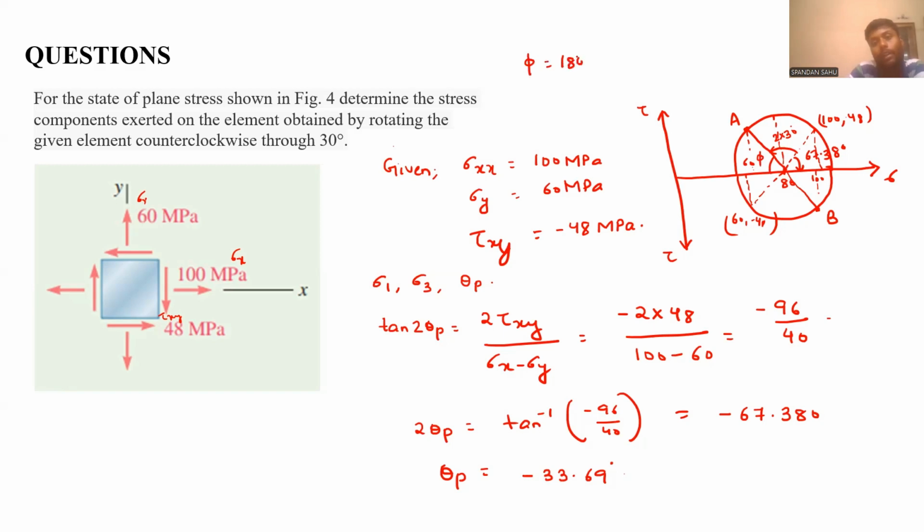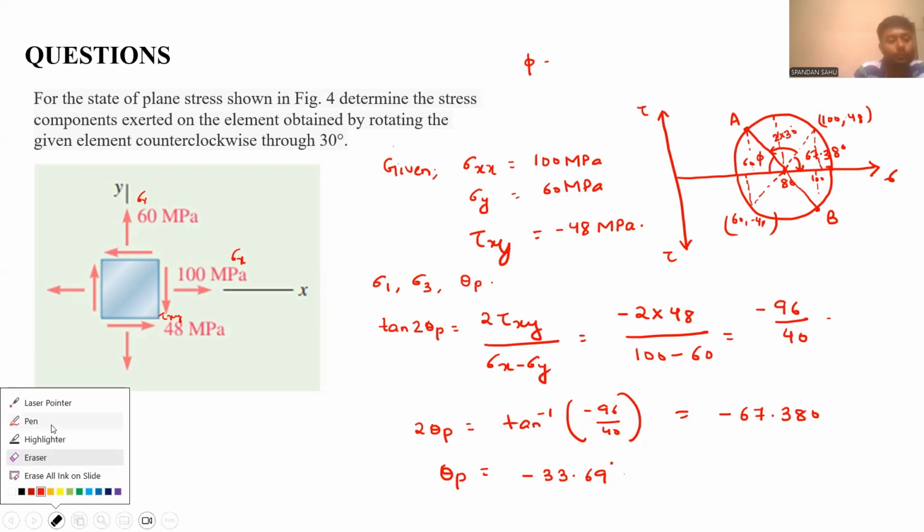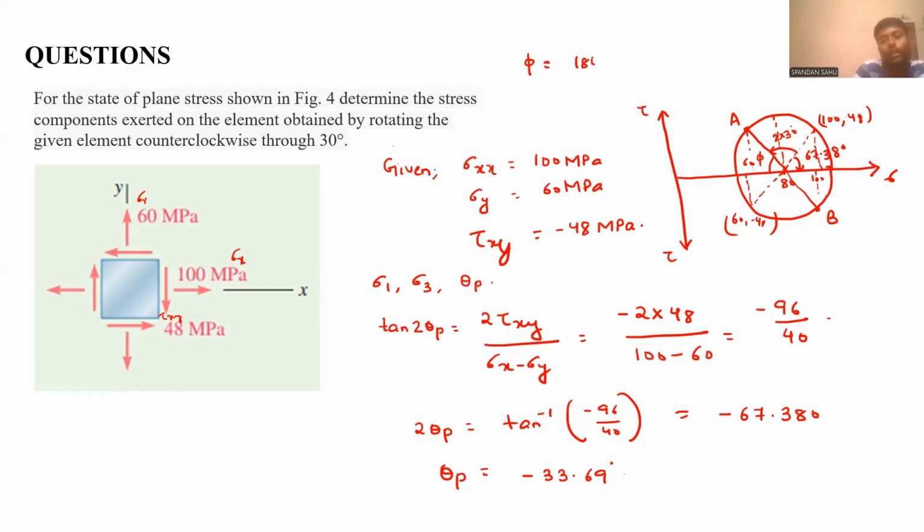Phi will be 180 degrees minus 60 degrees minus 67.38 degrees, and we are getting 52.60.